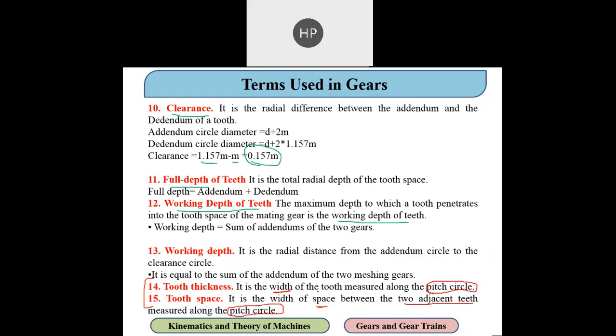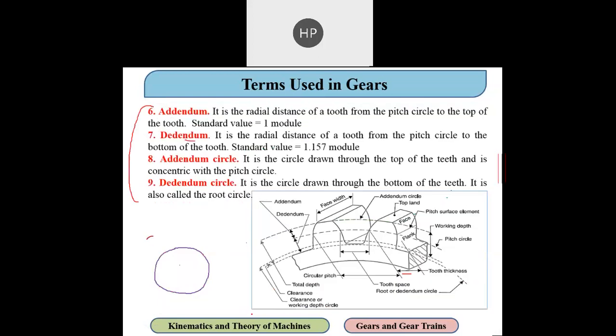Here, it was the width of the tooth, because we required tooth thickness. But now we require tooth space. What is the space between the teeth, that we are going to measure. So it is the width of the space between two adjacent teeth measured along the pitch circle. Again, it is measured along the pitch circle. So how will it be measured?